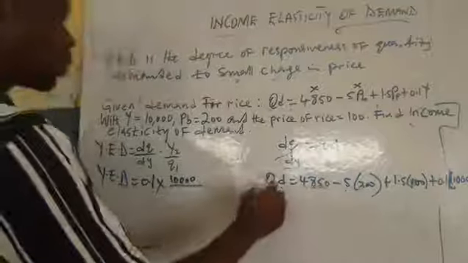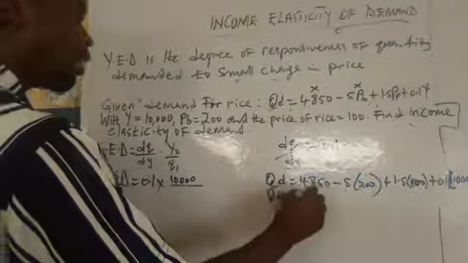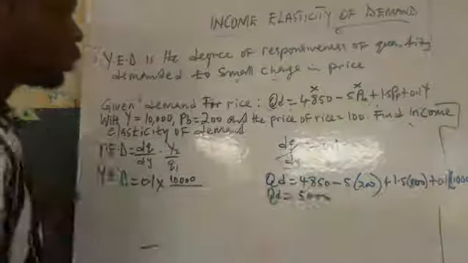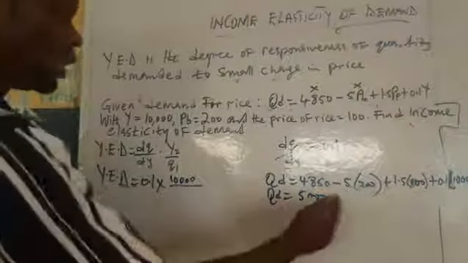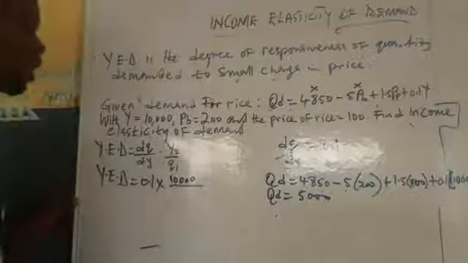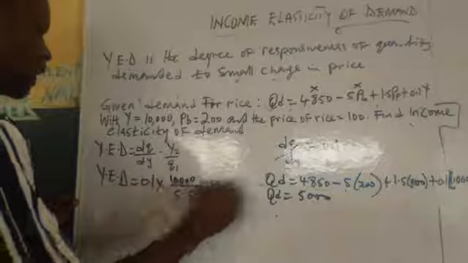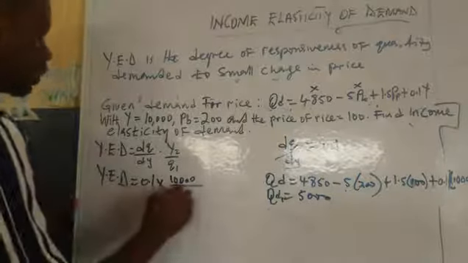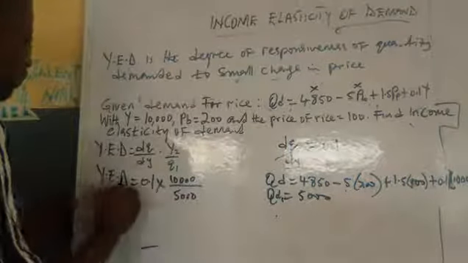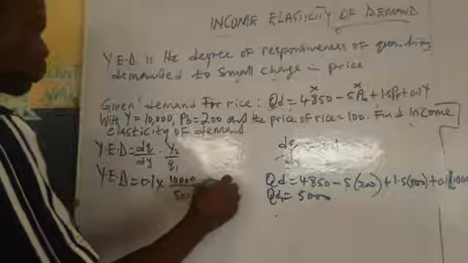Now, if you do all of this together, if you open the brackets, you are going to have 5,000. It means you have 5,000 units here. That 5,000 units is what you are going to put here. That's your QD1, so QD1 is 5,000. So if you solve this now, you are going to get 0.2.